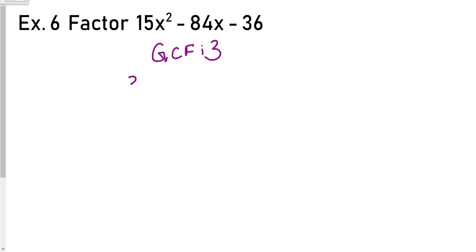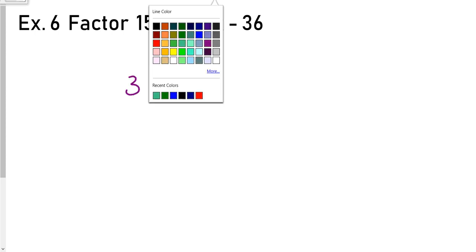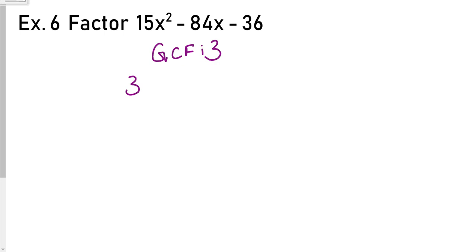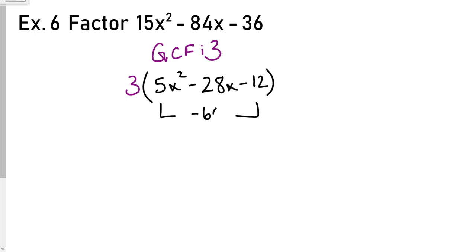So I'm going to rewrite this as 3 and then put what's left over. Okay? So we've got 5x squared minus 28x minus 12. Okay, so now I can do split the middle just for my more simplified quadratic. So 5 times negative 12 gives you a negative 60.